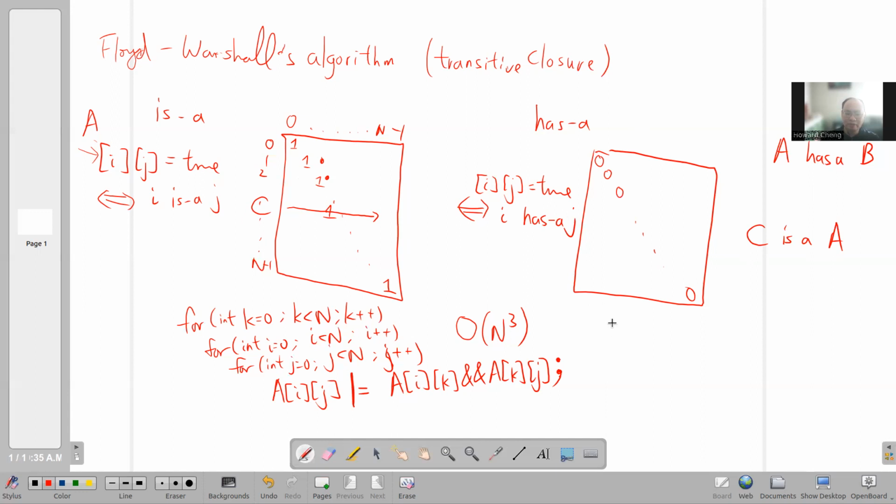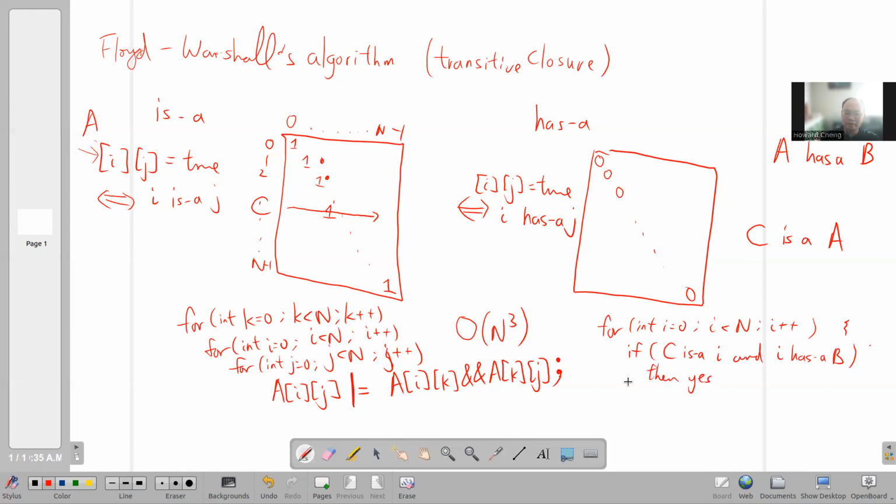So what should I say? For example, we can say for int i equals 0, i less than n, i plus plus, if C is a i and i has a B, something like this, then yes.